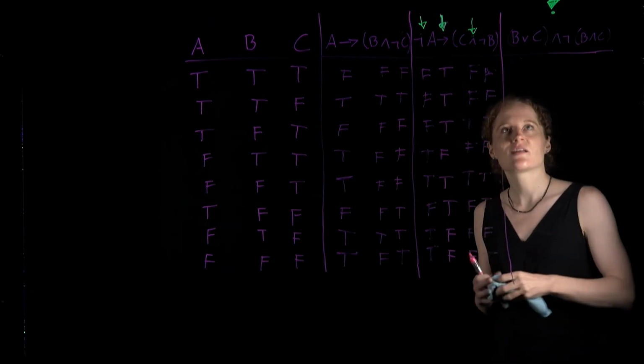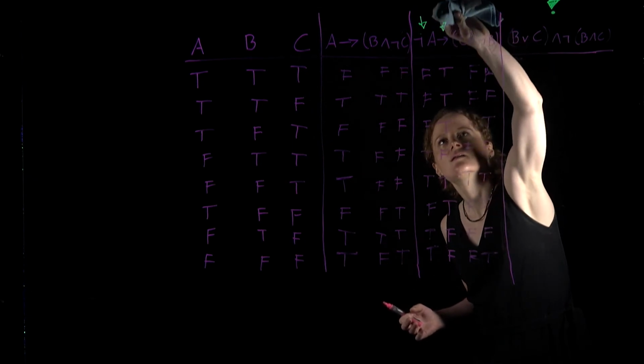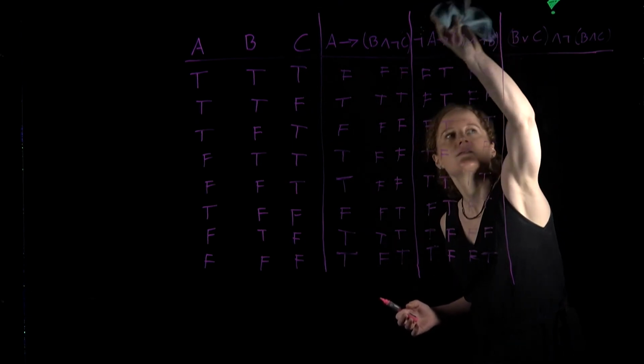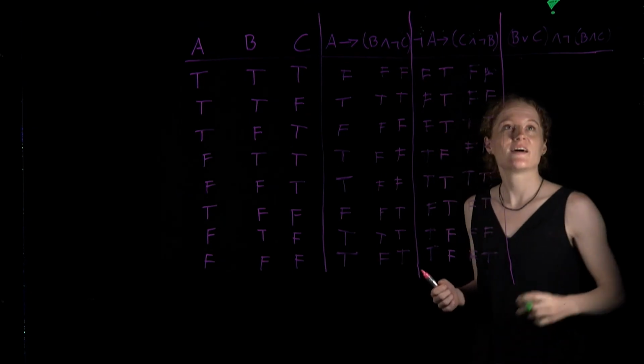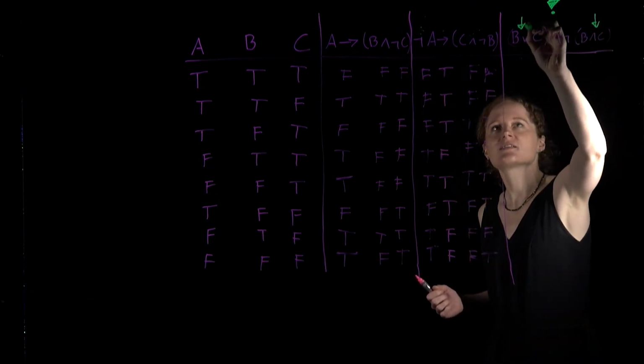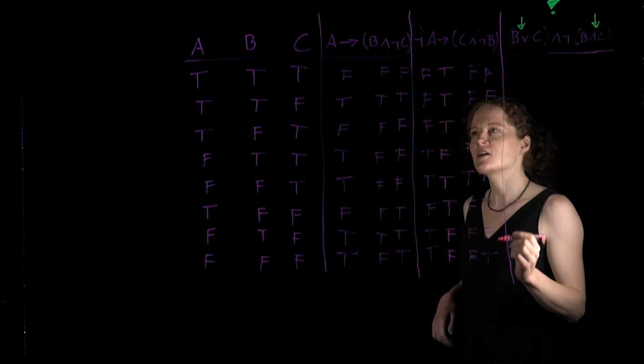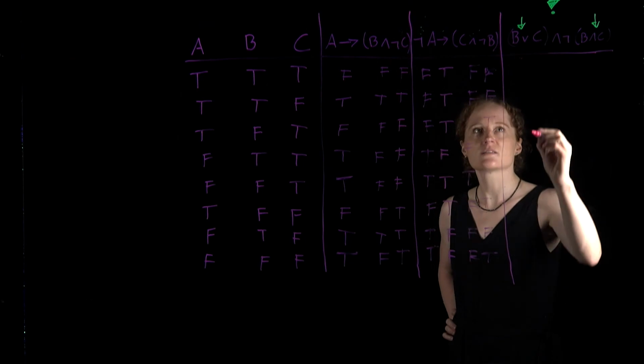Okay, that was the assessment of our second premise. Let's finally look at the conclusion. So we again have two innermost connectives, the conjunction and the disjunction. Let's just start with the disjunction. The disjunction is true if either B is true or C is true.